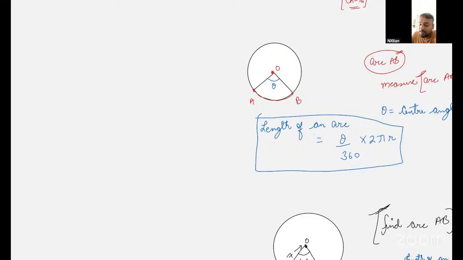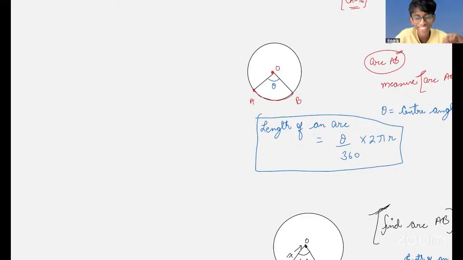Theta upon 360 into pi r square. That is correct. That center angle is called theta, like sine theta, cos theta. Not pi. Theta.